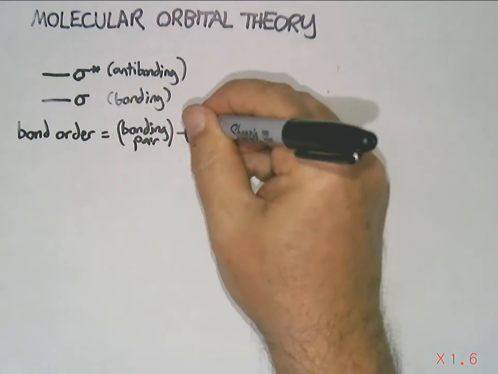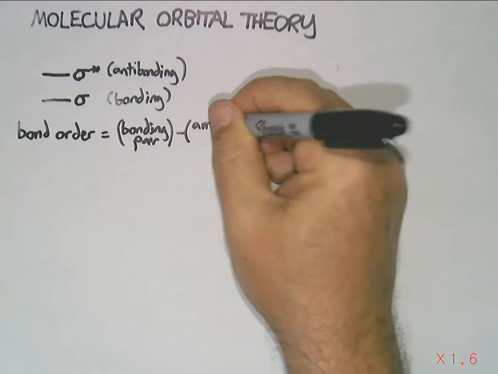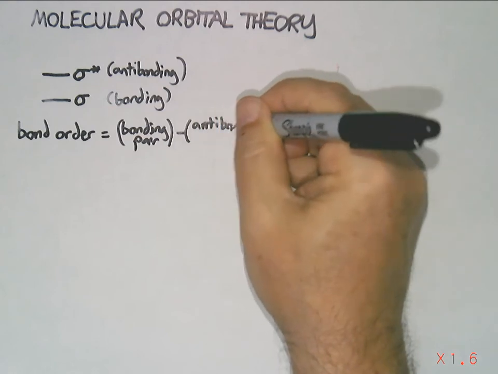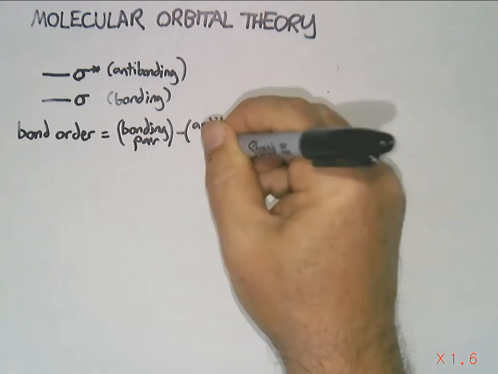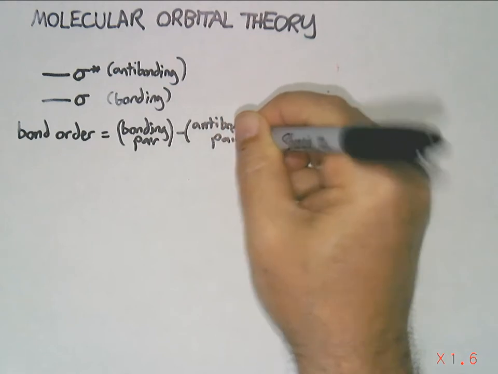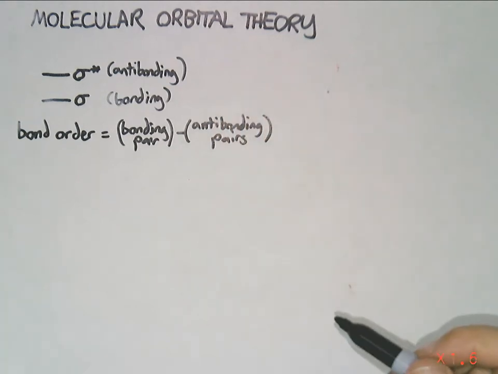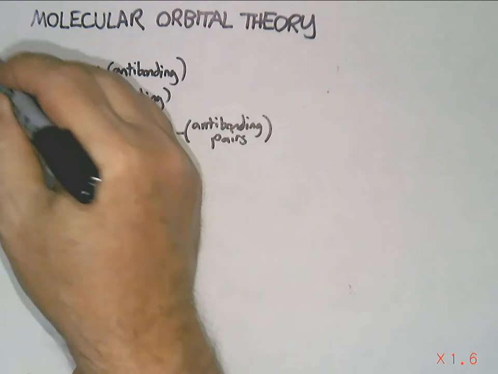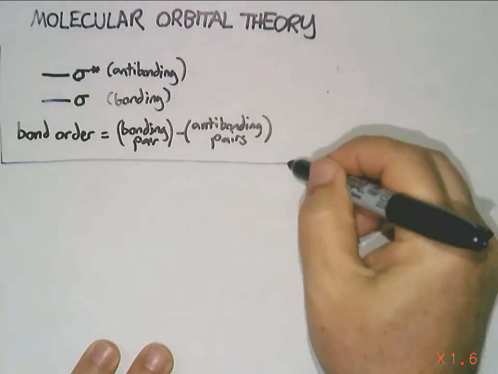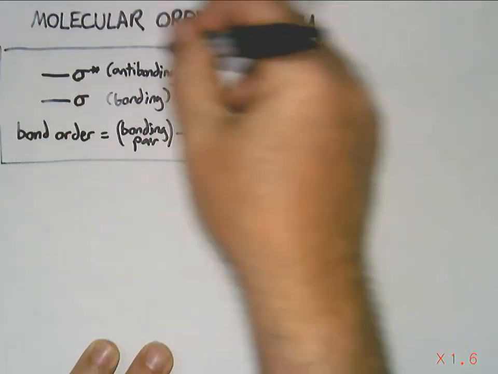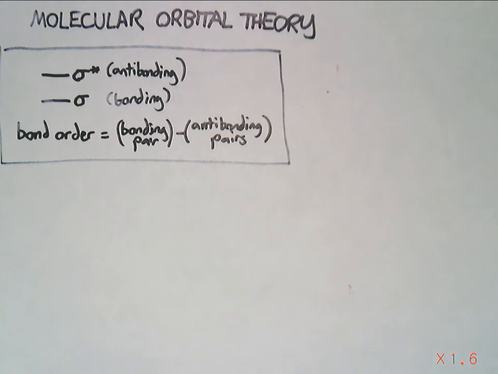Each anti-bonding pair breaks a bond. So this is what we did in the last video that you should carry forward. Let's put a box around this. This is what you should know to start off problems with molecular orbital theory. Now, let's use this to describe a couple of different molecules.